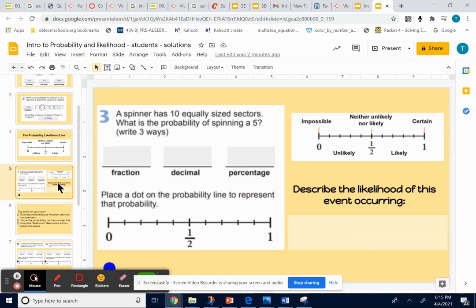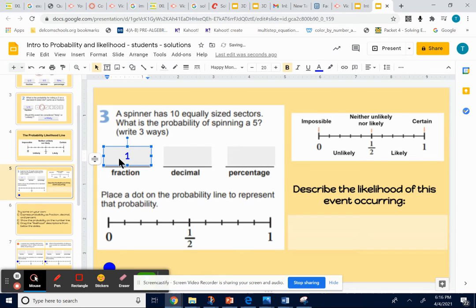A spinner has 10 equally sized sectors. What is the probability of spinning a 5? So for the start off here, favorable outcomes, total outcomes. How many favorable outcomes are there if we want to spin a 5? That's just one outcome, a 5. The total outcomes, if you have 10 sections, 10 is the total outcomes. So you have 1 in 10 chance of spinning the 5.